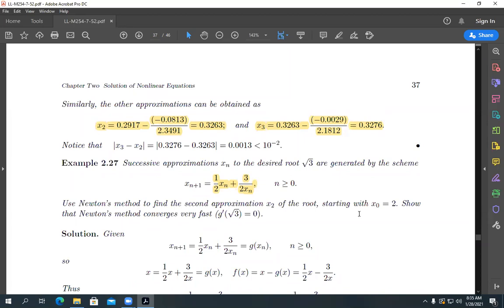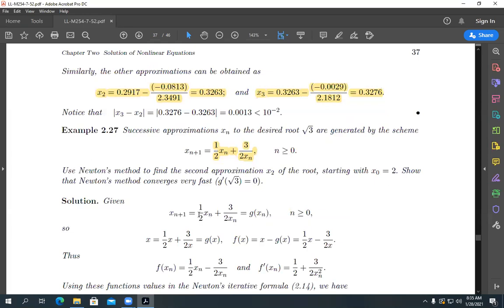So what you have to do, this is your g, right? Then we say x is equal to g of x, and then you can easily find out the formula.